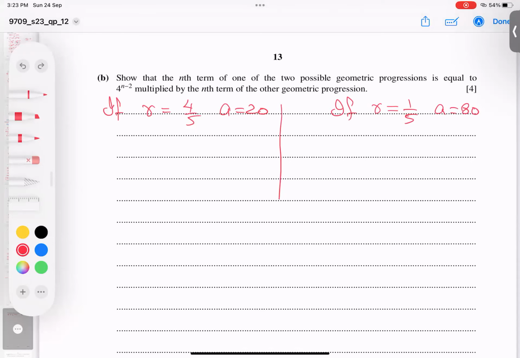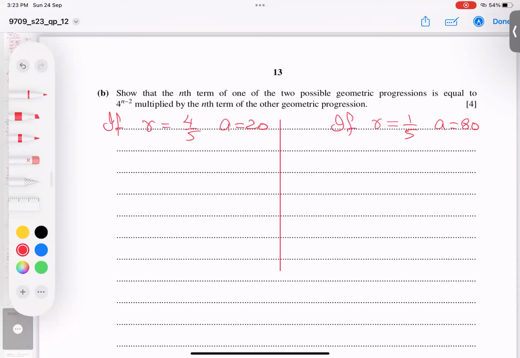So first of all, I'm going to show you the geometric progression. So Tn, what is the formula of Tn? You know, it is very clear: A r to the power n minus 1, and the same formula here, A r to the power n minus 1. I plug in a value 20 and r value 4 upon 5, and the same here, a value 80 and r value 1 upon 5.